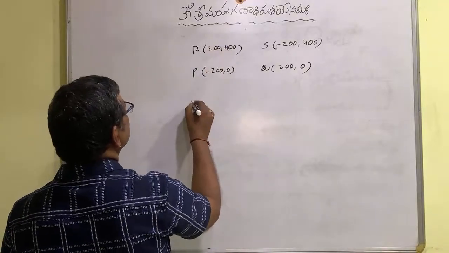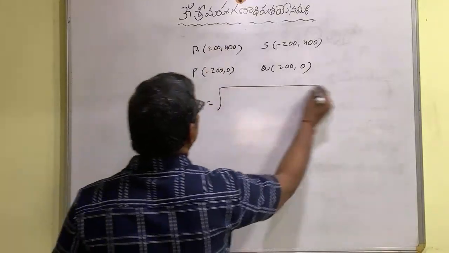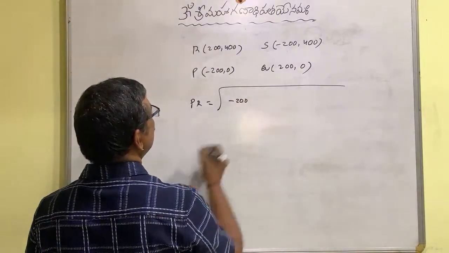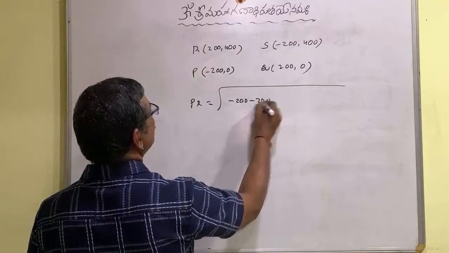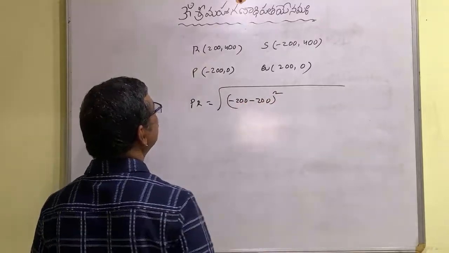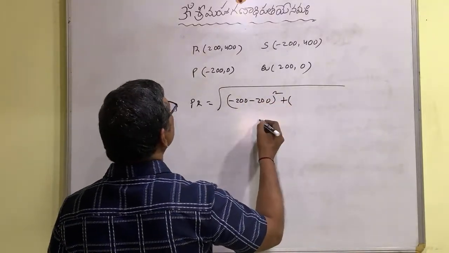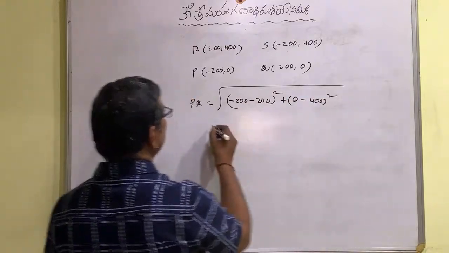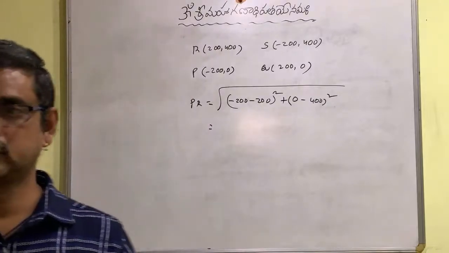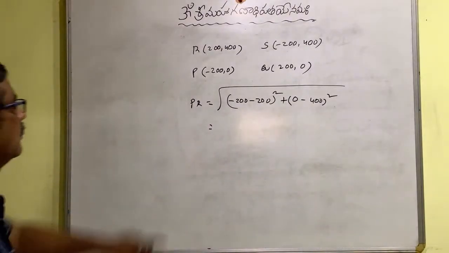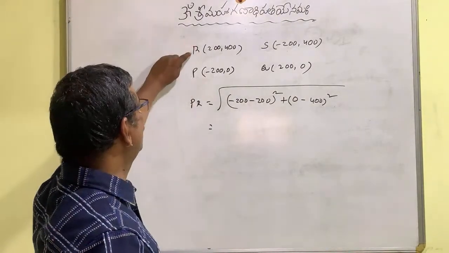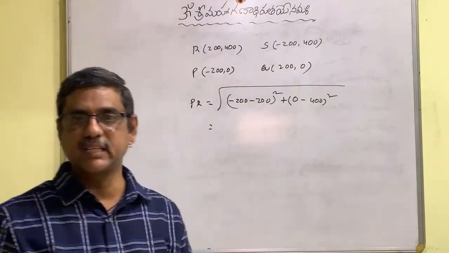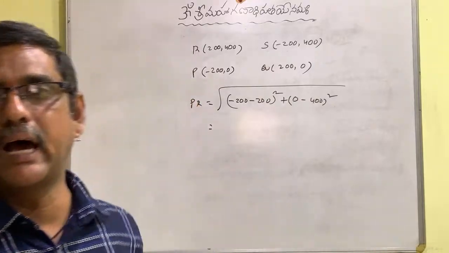This one: root over x2 minus x1 whole square plus y2 minus y1 whole square. I know the coordinates of P, I know the coordinates of R. Length is nothing but distance. Find out the distance between P and R.